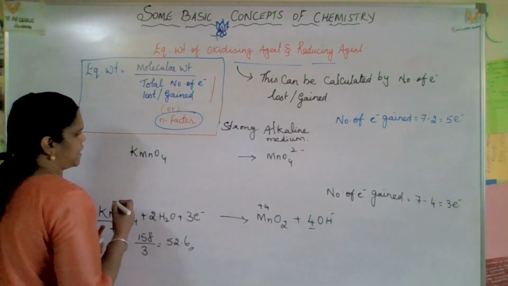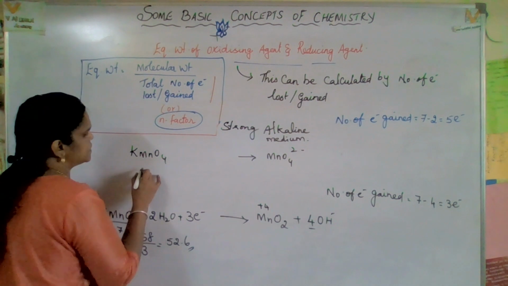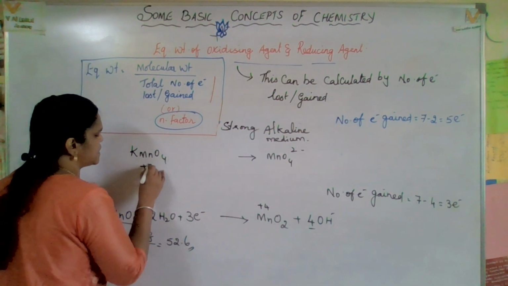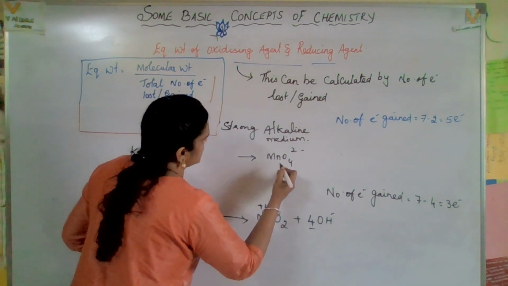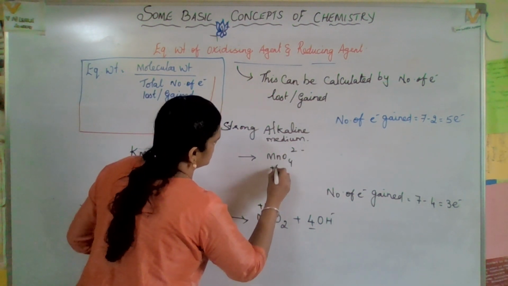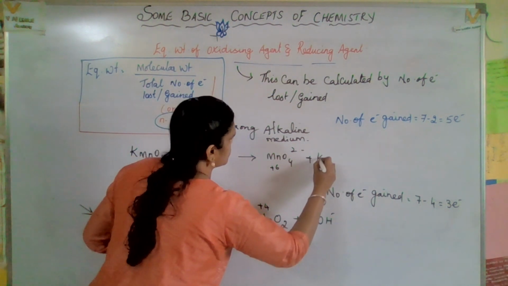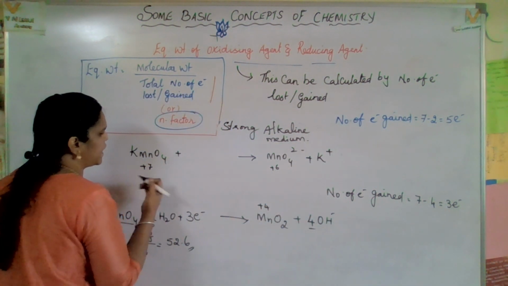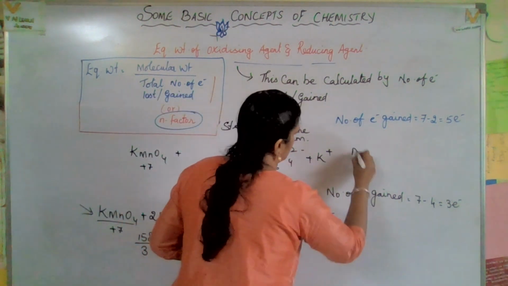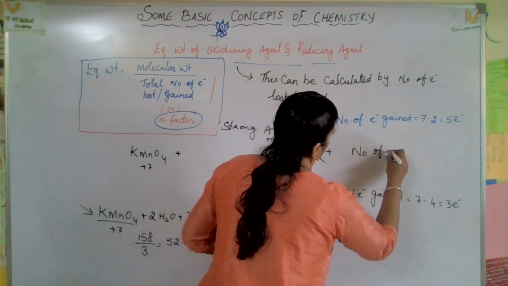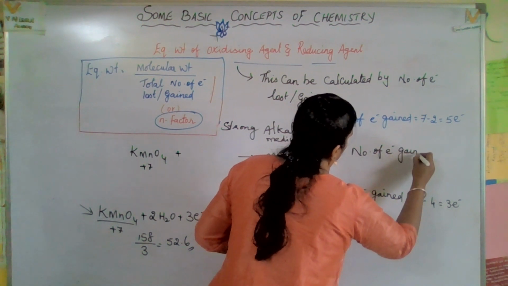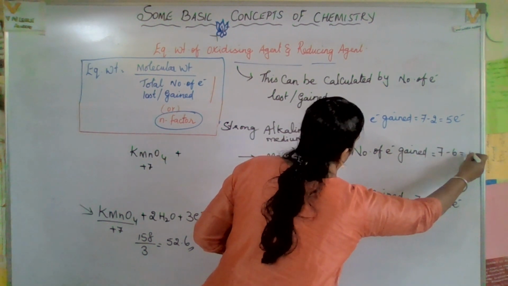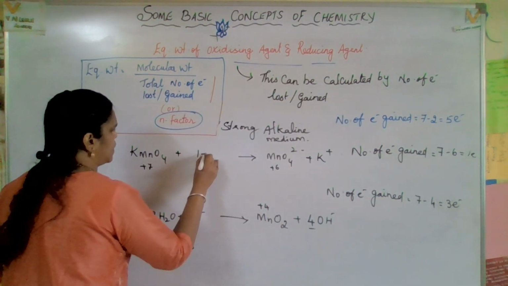So what is the number of electrons gained? Here +7, here +6, and K+ also, right? Now the number of electrons gained is equal to 7 minus 6, so 1 electron. You will get 1 electron here.